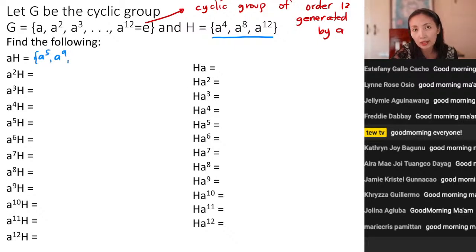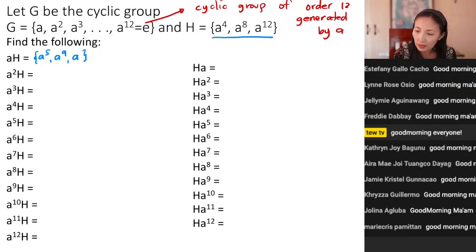And then A times A to the 12th is A to the 13th. But modulo 12, that's A, correct? Since the order is only 12, when A is raised to 13, it goes back to A raised to 1.